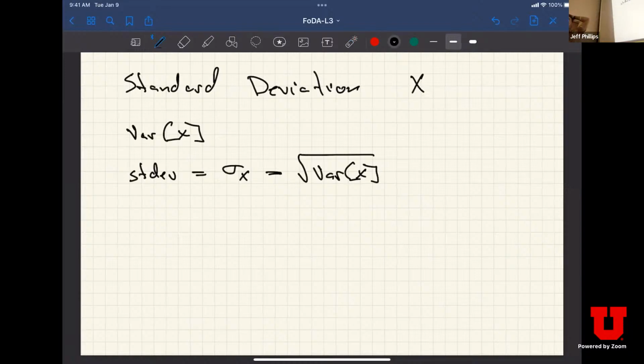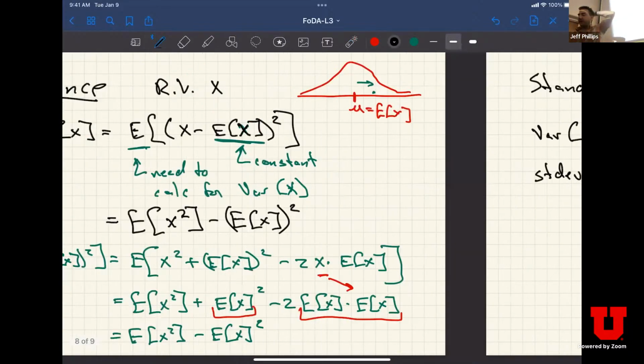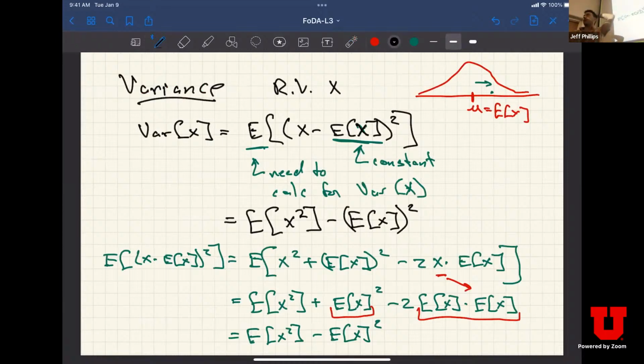So why do I talk about the standard deviation? The variance is this nice form where it's written as an expectation. This is the quantity we use, and it's pretty nice to work with and calculate with and write bounds with.